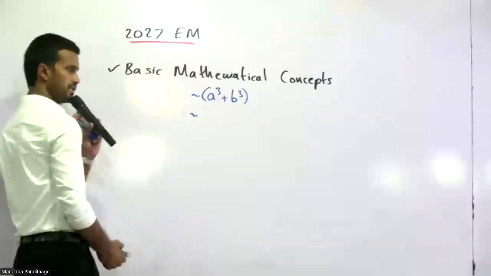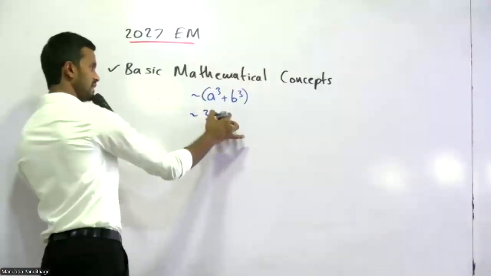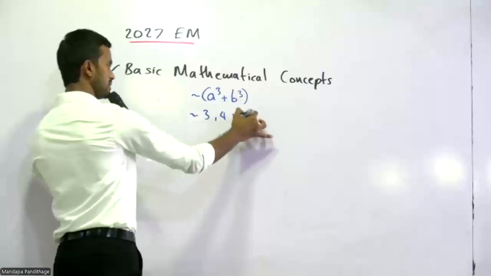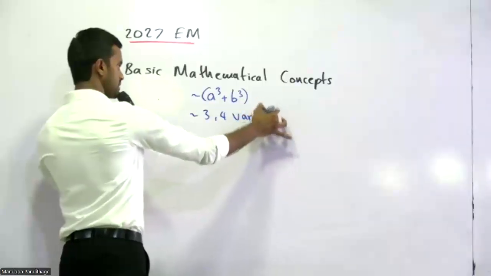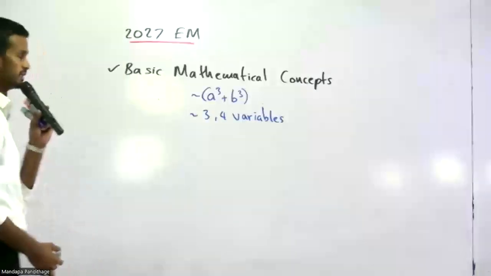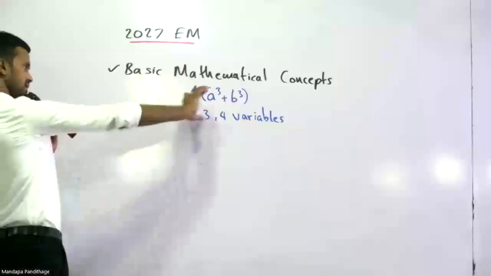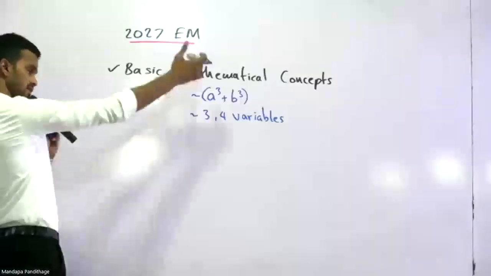But for A levels, we will be working with simultaneous equations with three variables and even sometimes four variables. So in this category, we got the experience of working with a simultaneous equation system with three variables.